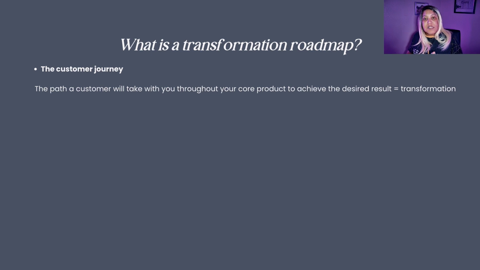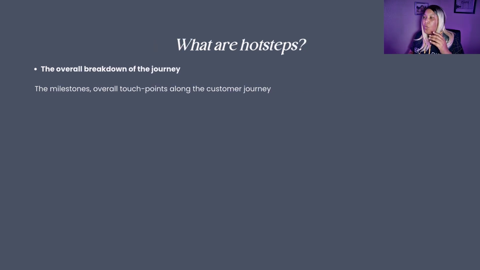So far up until this point, you have been mapping out the foundation of your digital product empire. And by the end of this, I want you to have a core digital product and hopefully some leads, okay? The way this is set up, that is the transformation of this specific section of the Mpire method. What are hot steps? Hot steps is the overall breakdown of the journey.